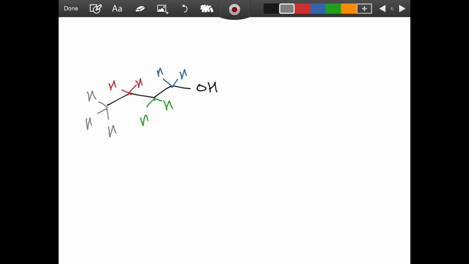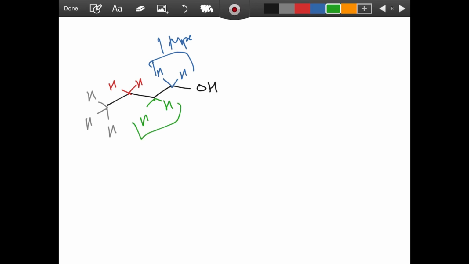So the blue, the green, and the red are all CH2s, but the blue hydrogens are closer to the OH than the green or the red. So the blue hydrogens are one type, right?